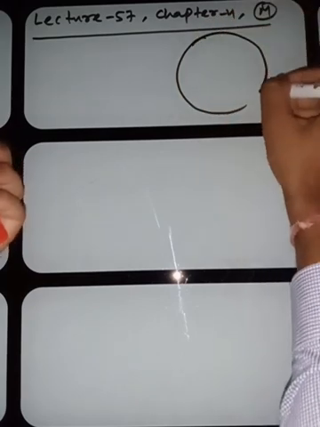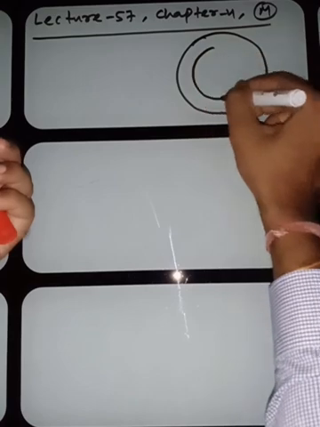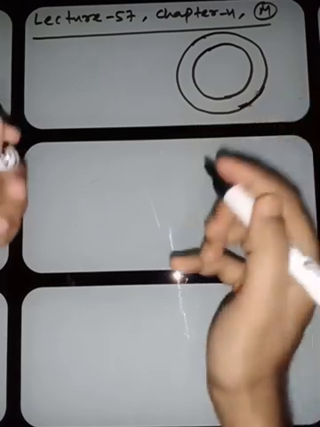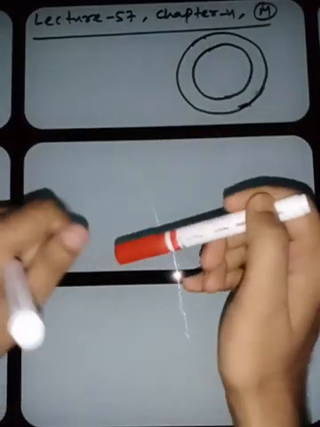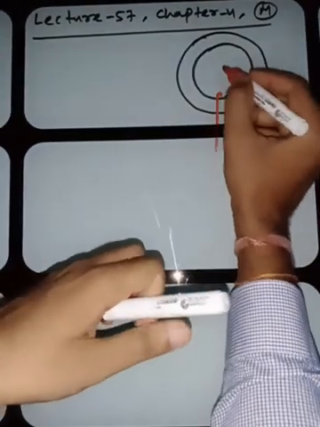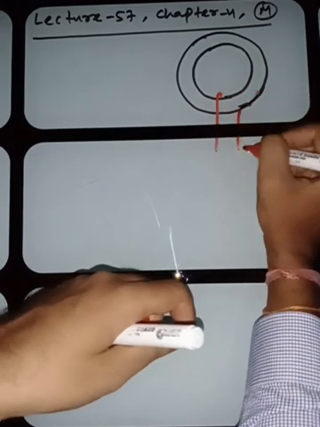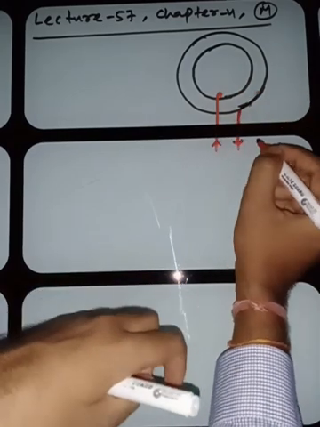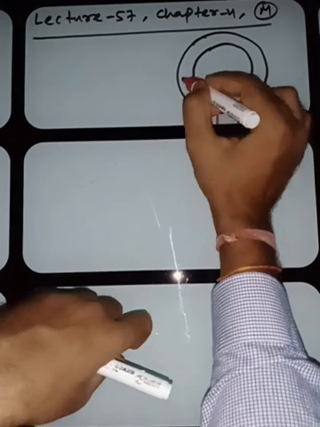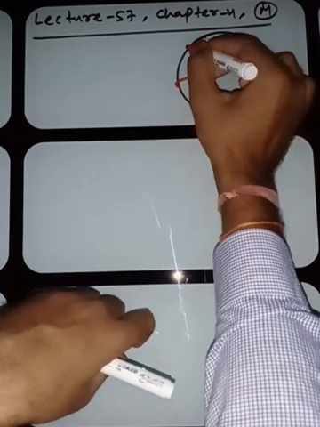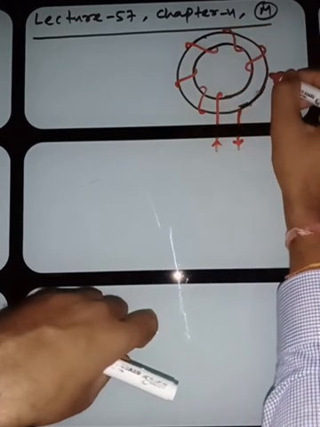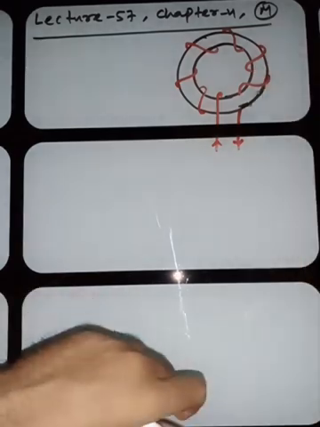Kindly give the heading: magnetic field due to toroid. This is the core of the toroid. The current is going in and out. This is the number of turns in the toroid.